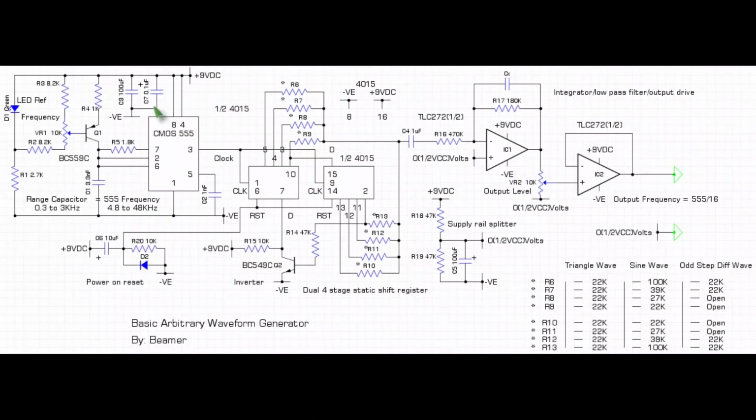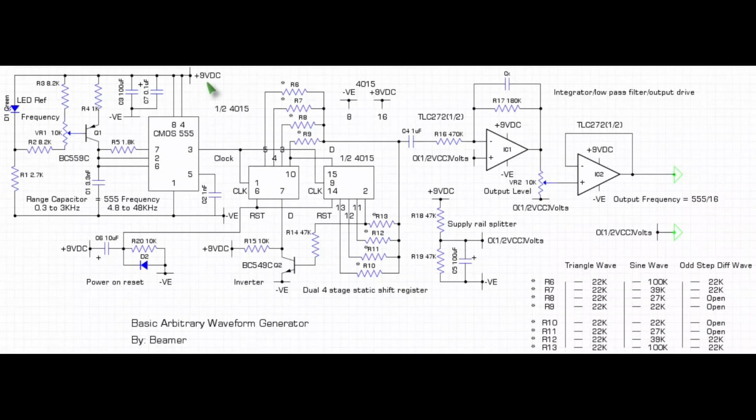This is a CMOS 555. I chose that because of its ability to perform up to, I think, 1.7 megahertz, so it seemed ideal for the purpose. The supply voltage of this oscillator is plus 9 volts DC. I've taken that from a power supply.